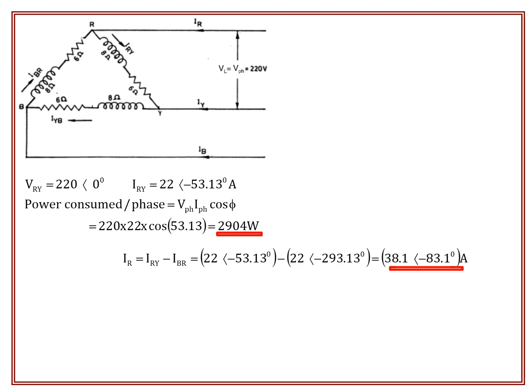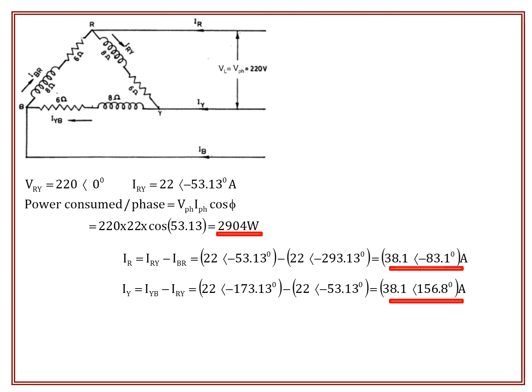Various line currents in the system are IR, IY and IB. From the diagram, we can say applying KCL at point R, we can write IR equal to IRY minus IBR. Substituting for IRY and IBR, we get IR as 38.1 angle minus 83.1 amperes.